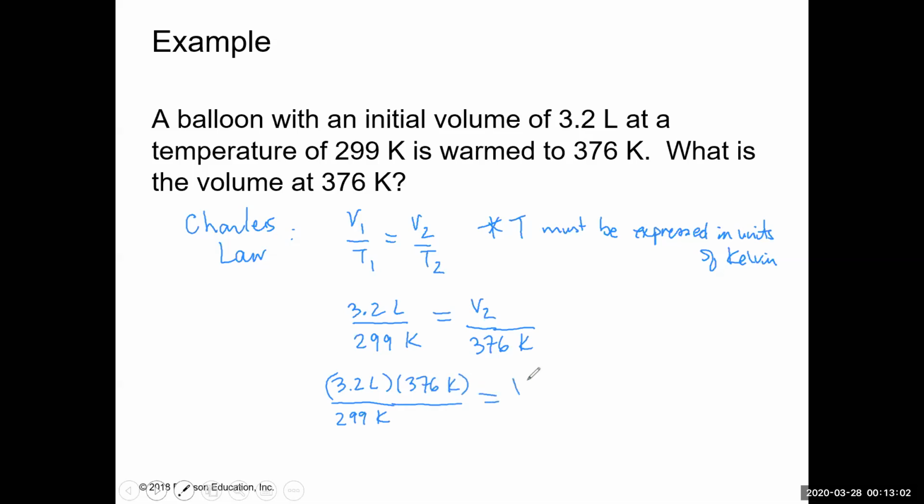And this is going to give us our V2. Notice our units of Kelvin are canceling out, and we'll end up with units of liters. When we solve for this problem, we multiply our 3.2 liters times 376 divided by 299. And our answer comes out to 4.0 liters for our final volume.